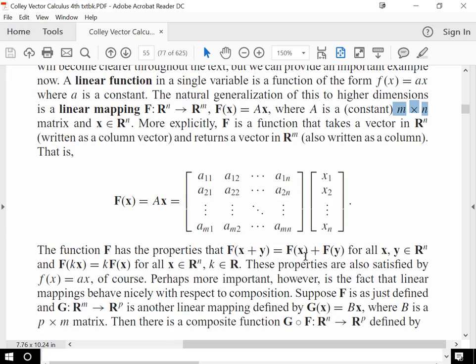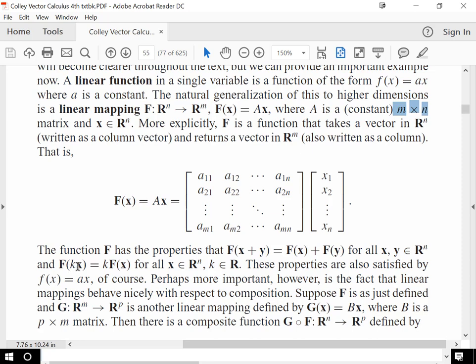And then on the right-hand side, you take the first vector and multiply it by A, and the second vector and multiply it by A, and then add those two together. Do you get the same thing? So you should check, I don't want to write it out, so you should check that this works.